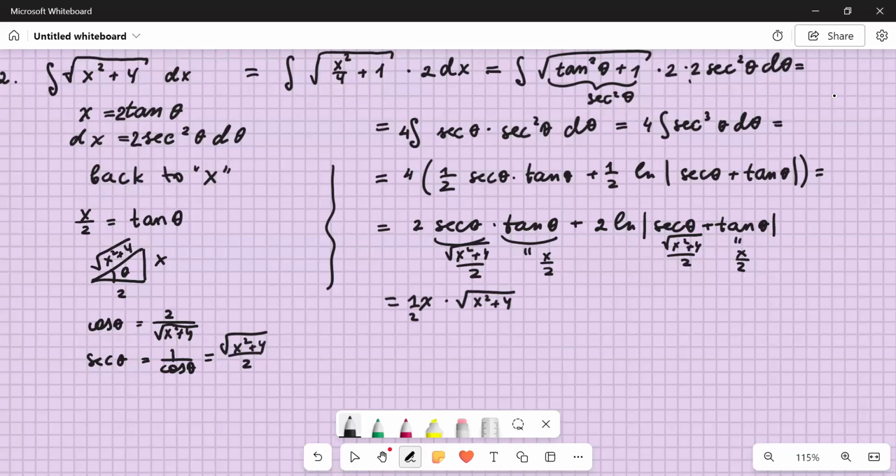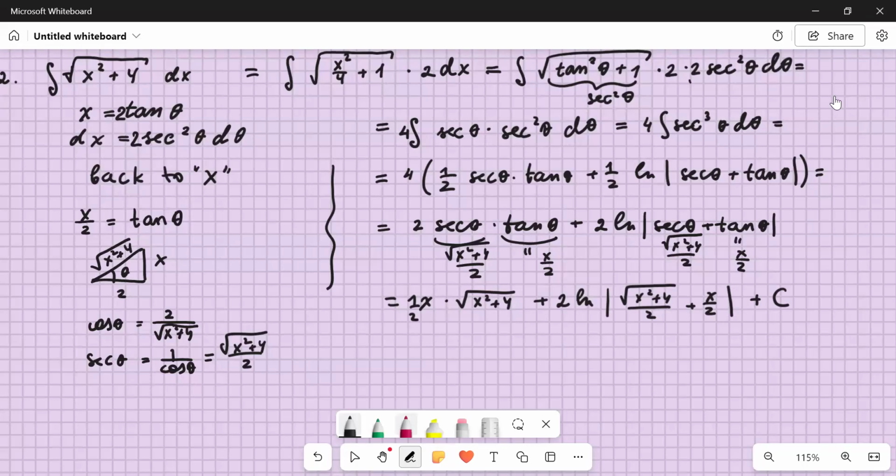Okay, for ln, we are going to have 2 ln of square root of x squared plus 4 over 2 plus x over 2. Now we are going to have plus a constant.